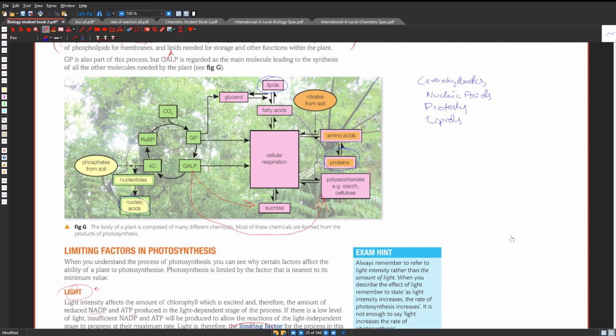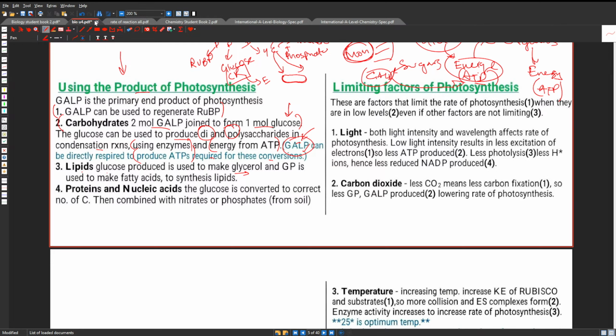Used to power the condensation reaction to make di- and polysaccharides from glucose.